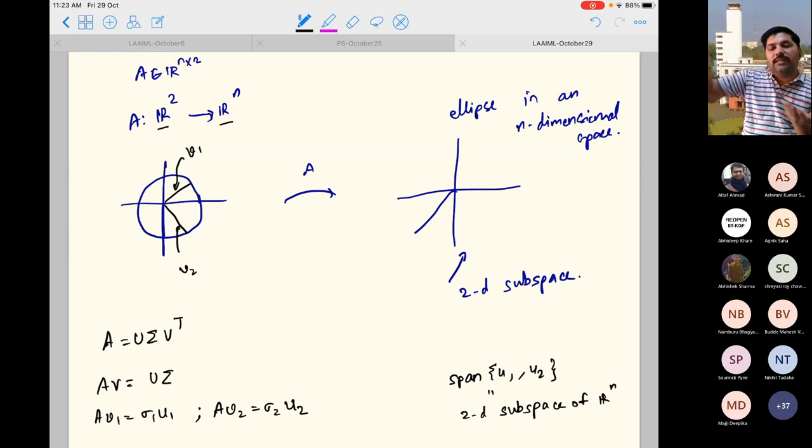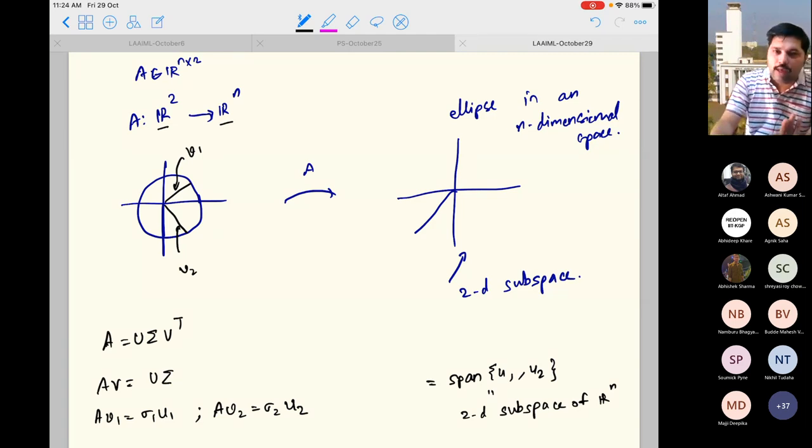And in that two-dimensional subspace of Rn, you have a U1 direction and the direction U2 orthogonal to U1. Can you visualize that? And now what is happening to this unit circle? This unit circle is getting mapped as an ellipse in this subspace, the span of U1, U2.